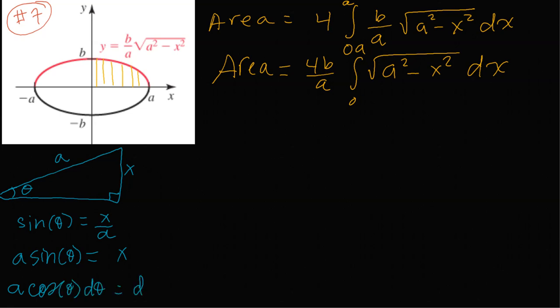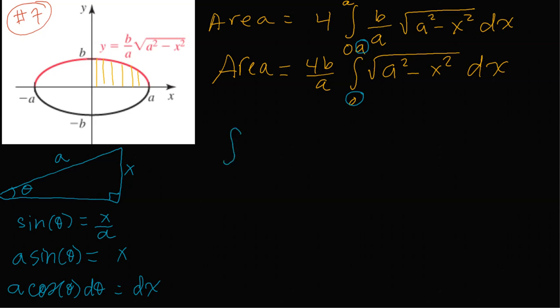Okay, so when we do this substitution, we would say the area will equal to, and I'm going to go ahead and ignore the limits of integration so that I can actually do the integration first. Okay, so we have the integral.